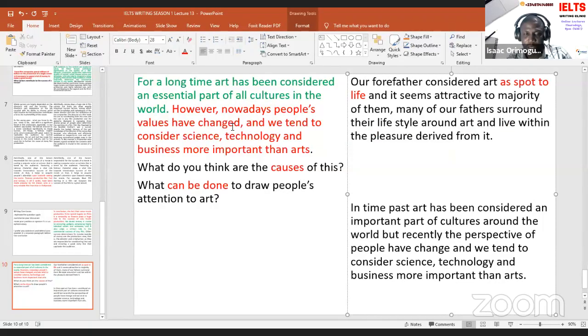Okay, the issue is that you went above board, that is, you went beyond the scope. It was only the first part you addressed. So your introduction did not even include the second part, let alone trying to highlight discussion points.